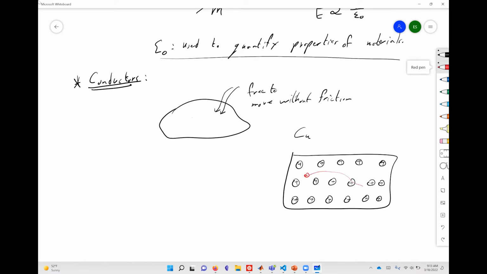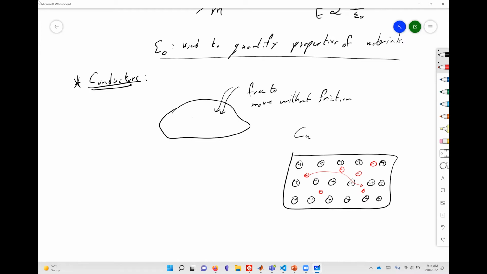It could be here, it could move here, and there is no resistance to the movement of charges, but the total charge of the material is going to remain neutral, because the total number of electrons and protons does not change. But the electrons are free to move everywhere. Okay, so this is completely free movement of charges as far as electrons are concerned, right?